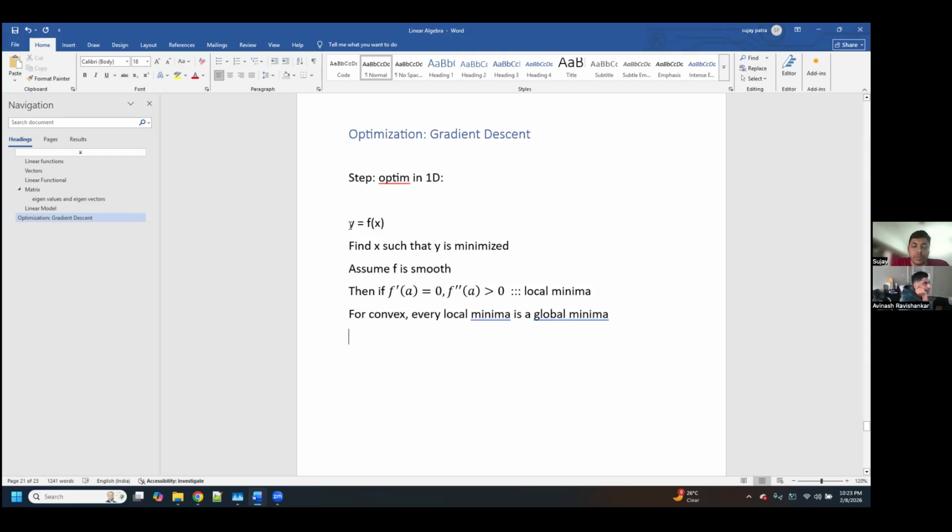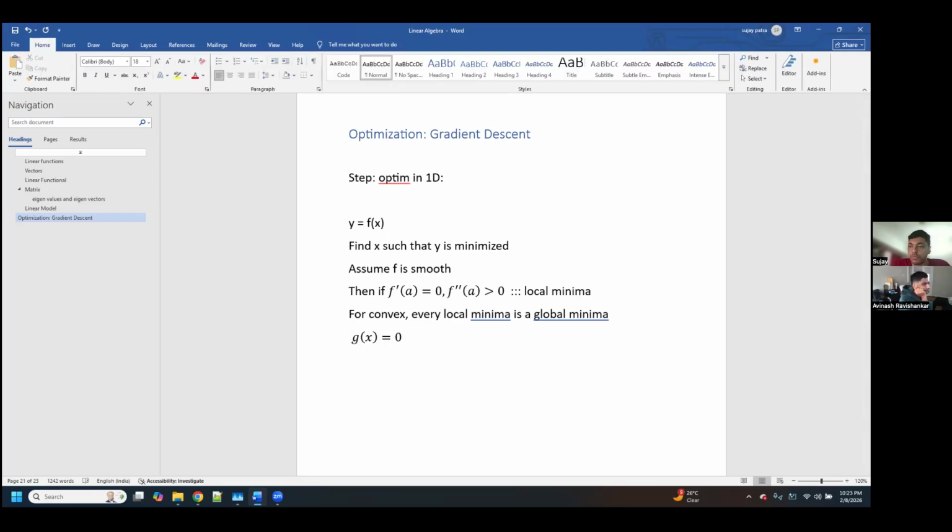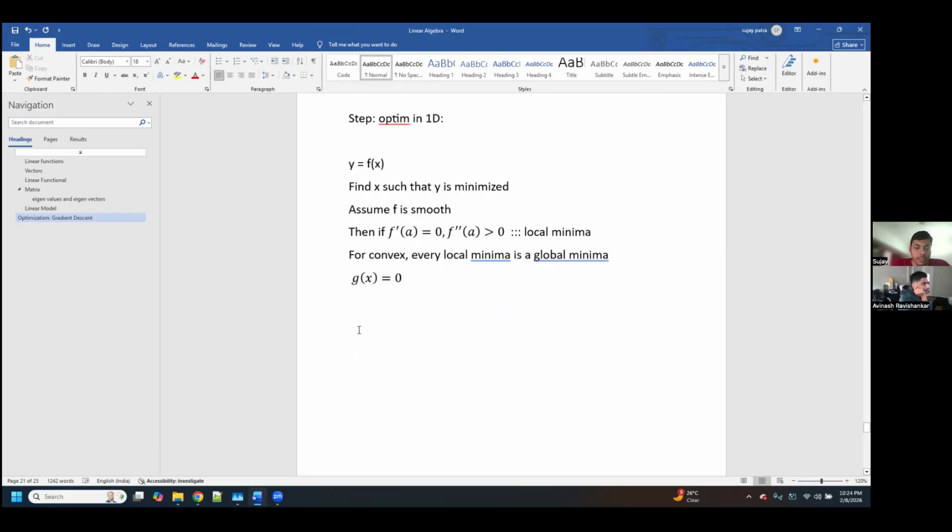So basically, we have reduced the problem of minimizing to the problem of solving an equation, which is f prime of a equals 0. Okay. So let's say instead of f prime, we write g. So g of x equals 0. This is the equation we're trying to solve. Let's say we start with some x naught.